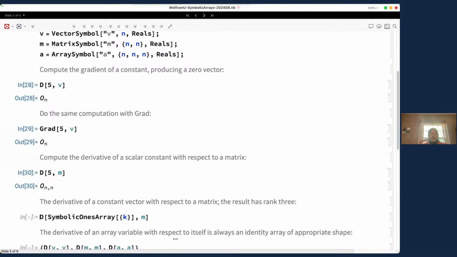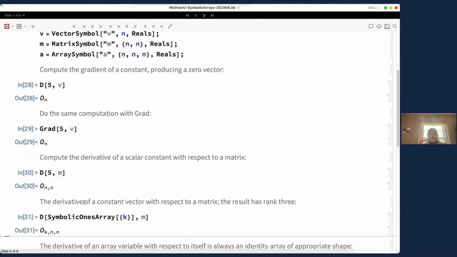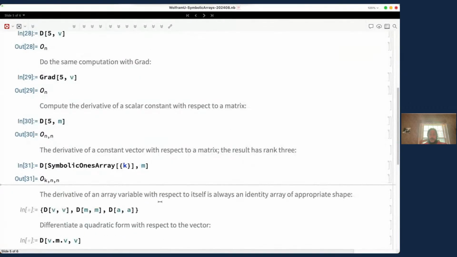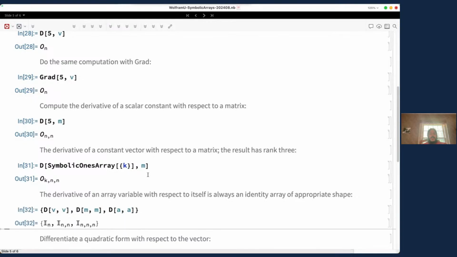If now I differentiate a constant array, this is the array of all ones, and we get a rank 3 array because I'm differentiating with respect to a matrix. We get the K from the symbolic ones array, and then the two N's from M. Now, the derivative of an array variable with respect to itself is always the identity array, but it's the identity array of the correct shape.